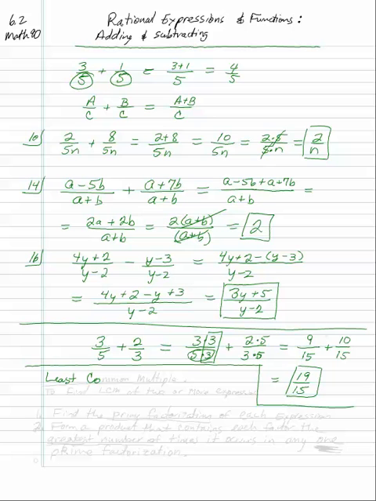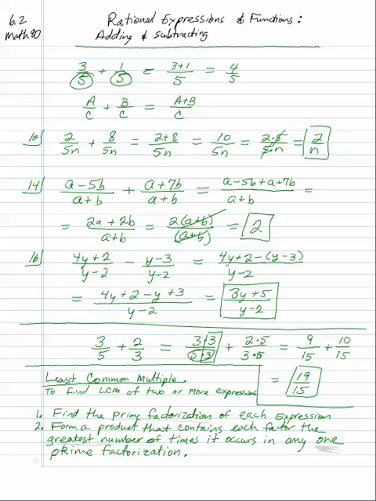All right, let's review how to find a least common multiple or least common denominator. To find the LCM, you're going to find the prime factorization of each expression, and then the LCM is going to be formed by a product that contains each factor the greatest number of times.